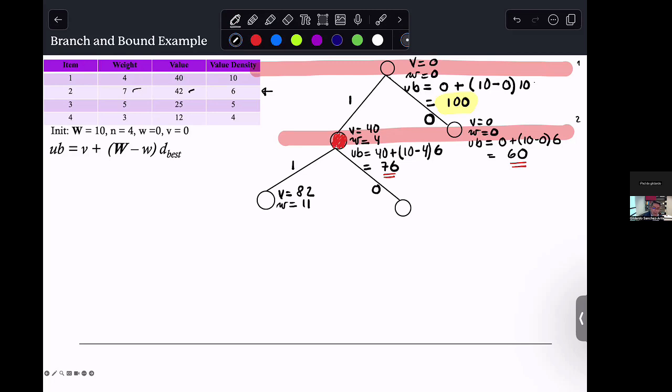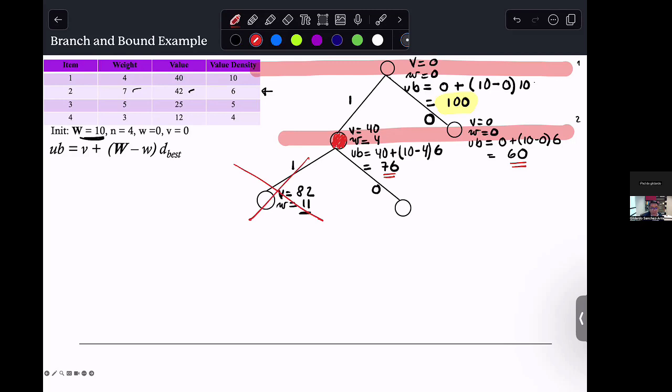However, all this joy and happiness cannot be true. Unfortunately, I immediately noticed that the weight is violating the constraint. Remember that W here is 10 and I am getting 11. So unfortunately, this is not a good or a feasible solution.